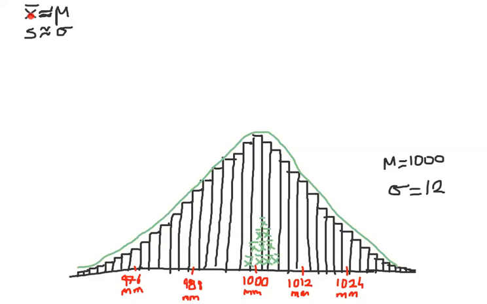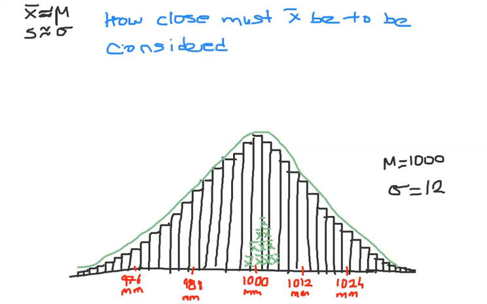In other words, how close must X bar be to be considered approximately equal to the population average, mu?